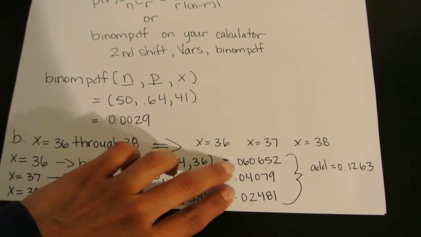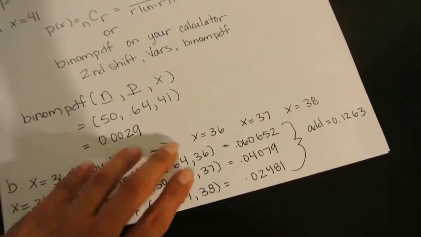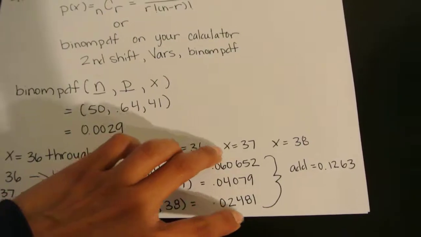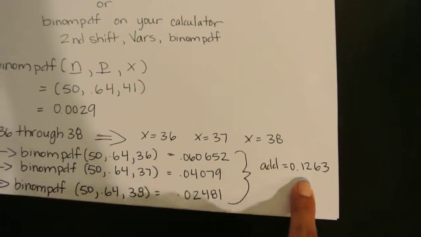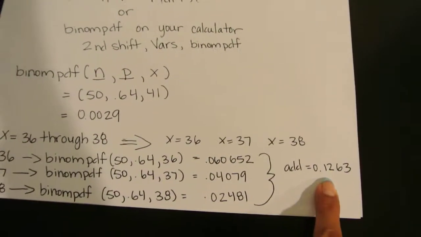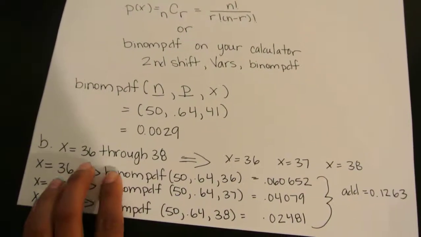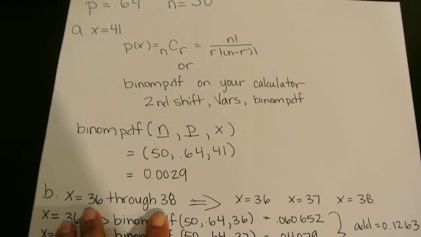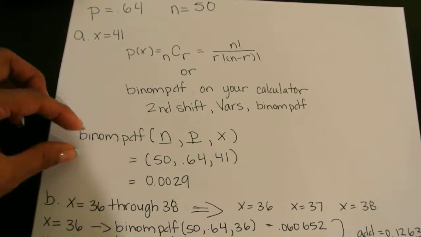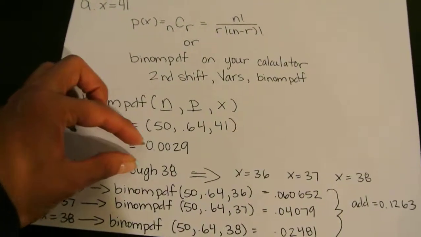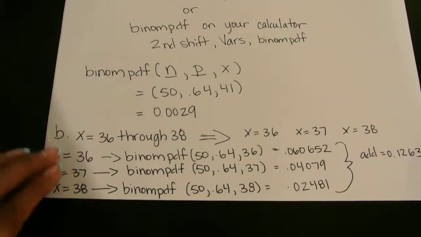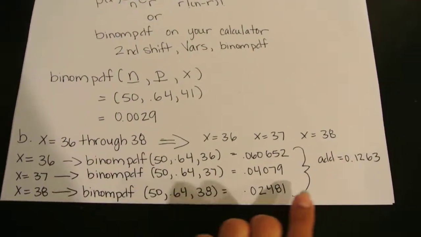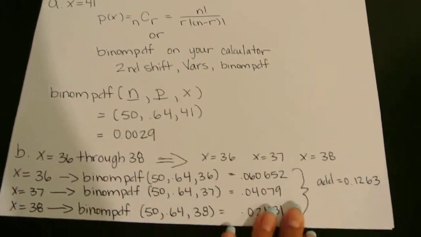So I typed it all in and worked it all out, and I added them, and this is what I got when I added them up. Because that's what the question was asking: in part A, they asked me for just this one event, so to speak, and for this one they're asking me for 3, which is why we're adding.